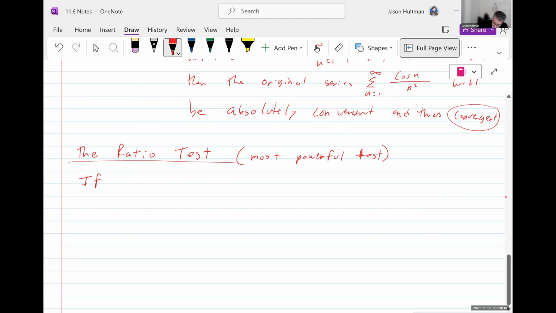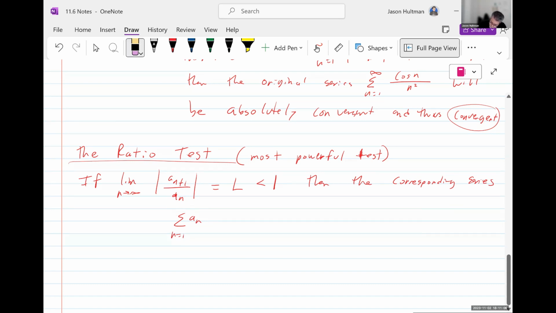It says if the limit as n goes to infinity of the absolute value of a sub n plus 1 over a sub n equals some limit L, and that limit is less than 1, then the corresponding series, summation a sub n as n equals 1 to infinity, is absolutely convergent and thus convergent.